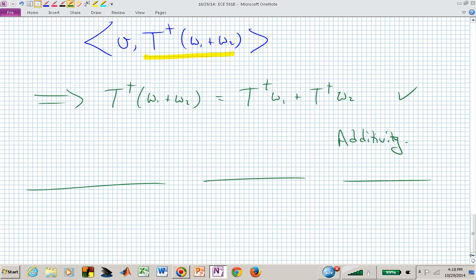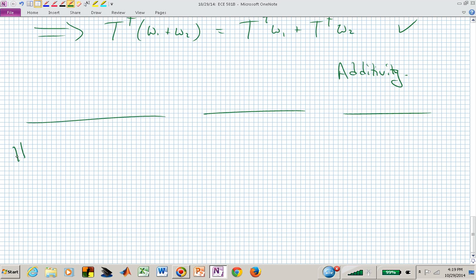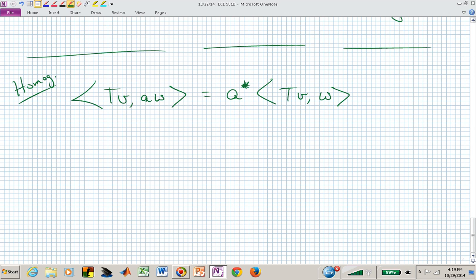Okay, so now let's look at homogeneity. This is now saying that we have <TV, aW>, and if we now want to slide that scalar on the second slot outside the inner product, what does it become? It now gets conjugated, doesn't it? So we now have this result by the conjugate homogeneity of the second slot.